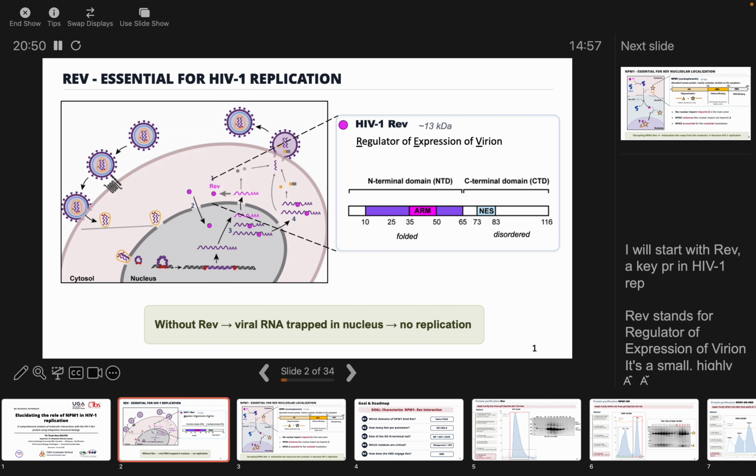This one is, as in the cell, exported to the cytoplasm, and from this fully spliced, we have the translation of REV. The mRNA that are not exported if REV cannot be imported into the nucleus is partially spliced or unspliced mRNA. And do you know why?